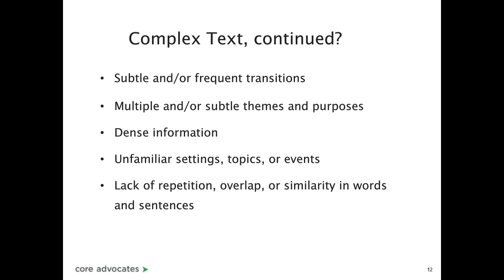There are over 3.6 million ways text can combine to be complex. That's a lot. And obviously the goal is not to expose children to 3.6 million different types of text so that they cover the waterfront. It is to let them read a lot so they get familiar with the challenges and variety of text and have a great repertoire for doing it.